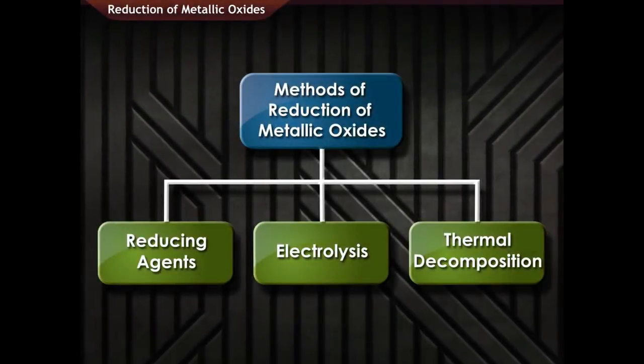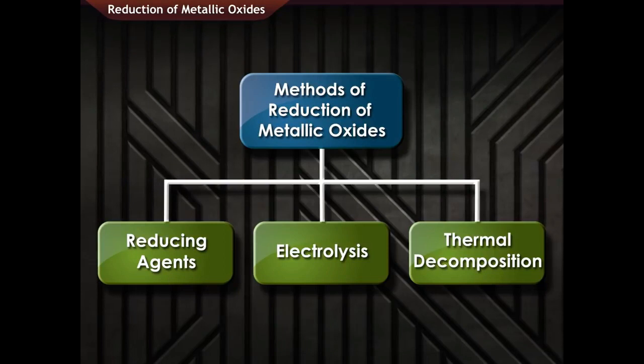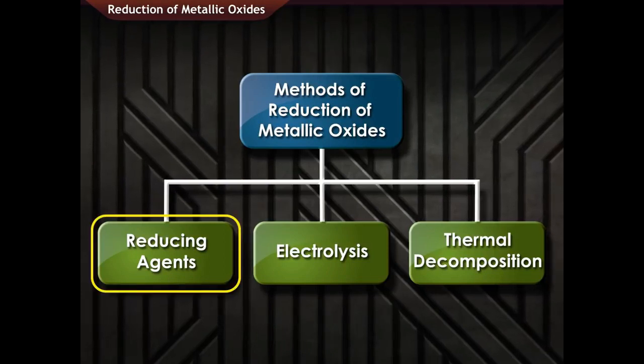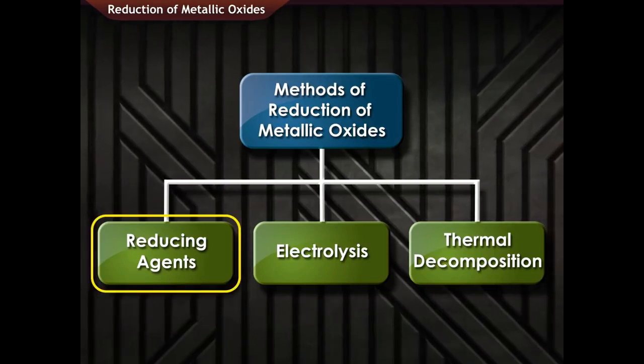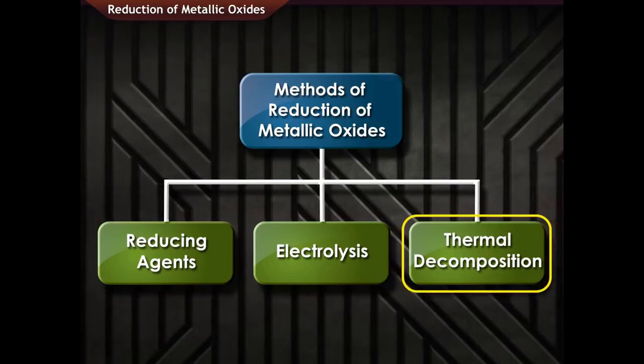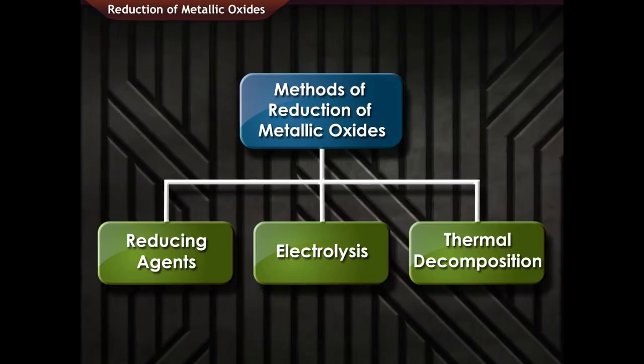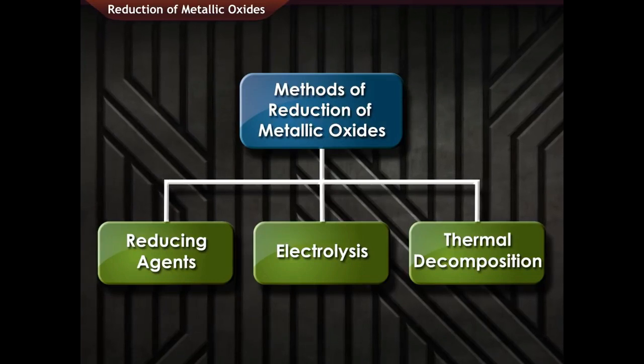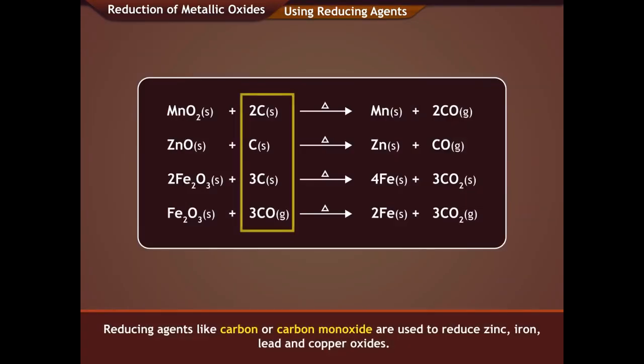Next step of metallurgy involves reduction of metals. It can be done using reducing agents as well as by the process of electrolysis and thermal decomposition. Reducing agents like carbon or carbon monoxide are used to reduce zinc, iron, lead and copper oxides.